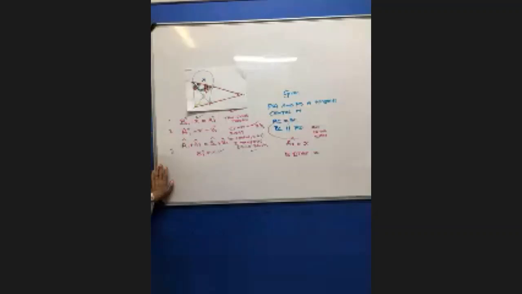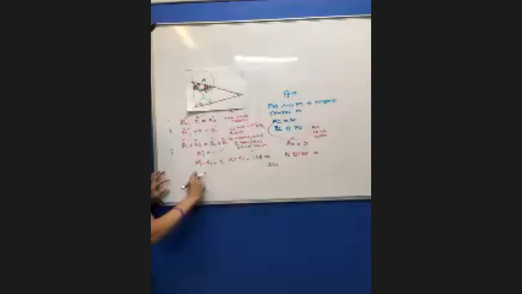Alternate: you must acknowledge the parallel line, otherwise you do not get the mark. So if you lost all of the above, stop. 1 mark. That's the 4th angle. The 5th angle is equal to this.